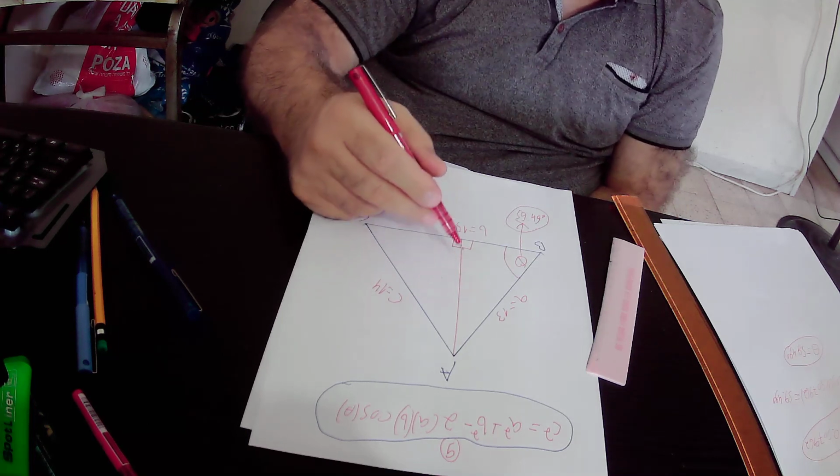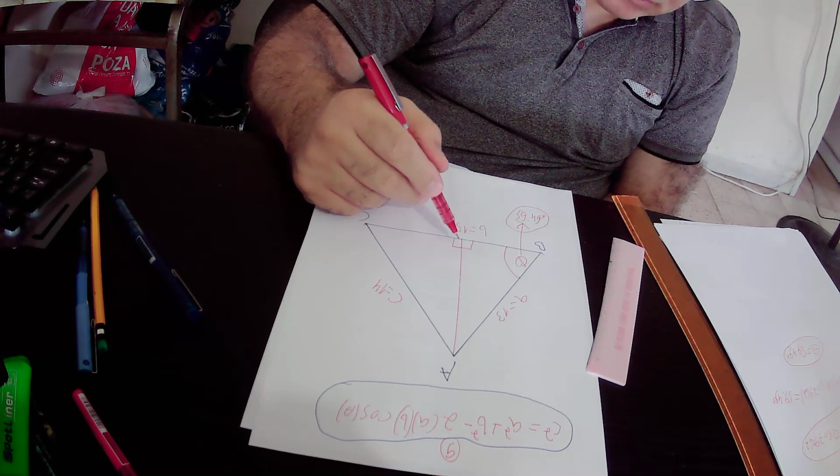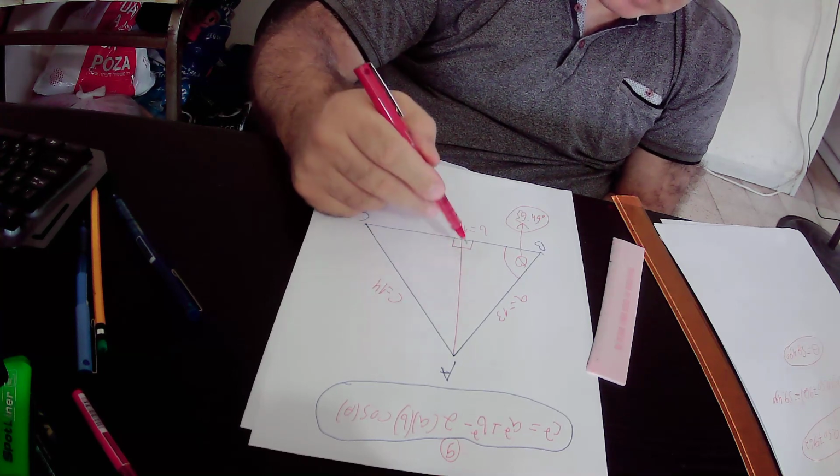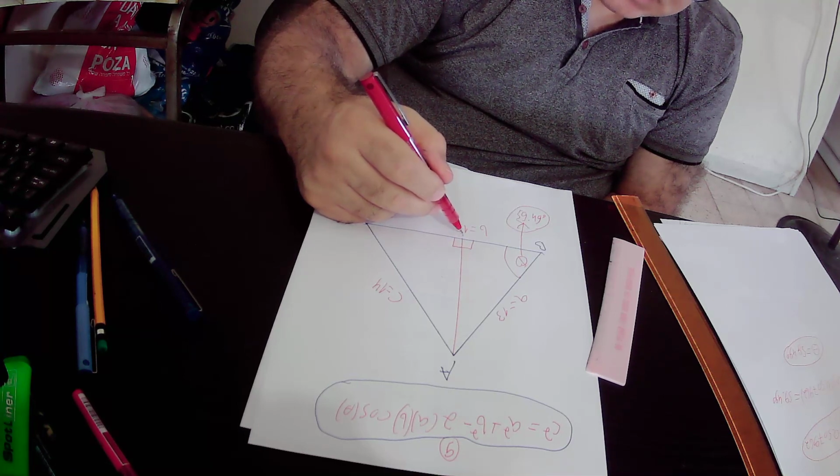We will name the point of contact between the perpendicular and side BC, point D.